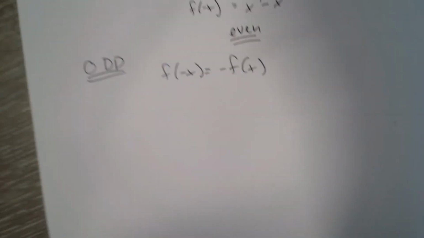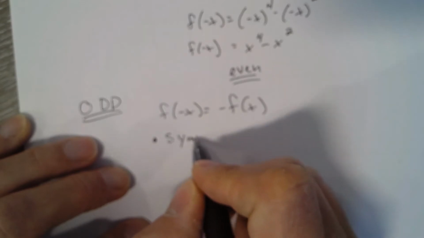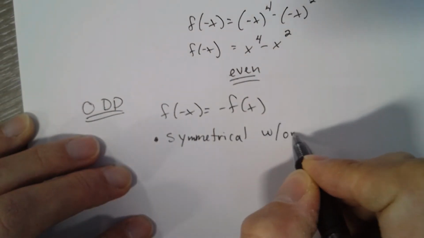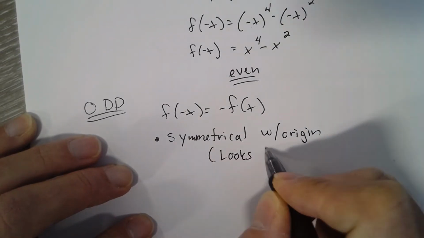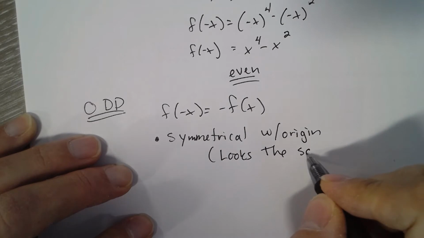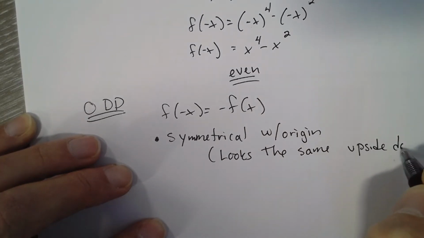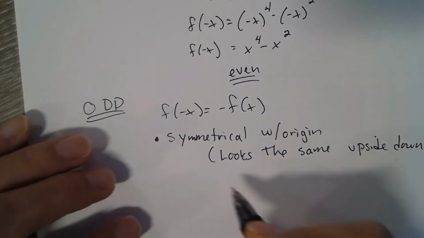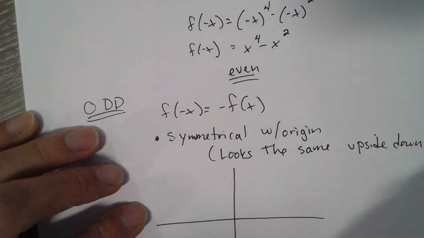And they are symmetrical with the origin, and what that means is it looks the same upside down. Okay, so here's an example of what might be an odd function.